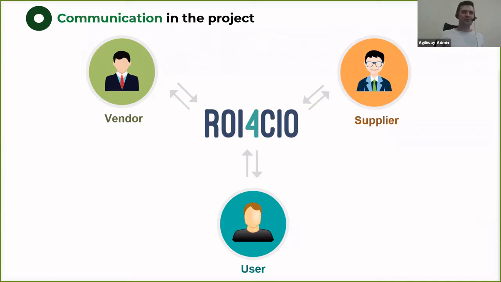Now we calculated all the time which we spent for development. It took more than 2 years. Firstly, it was like the first version of ROI for CIO. So let's switch to the first feature of this project.